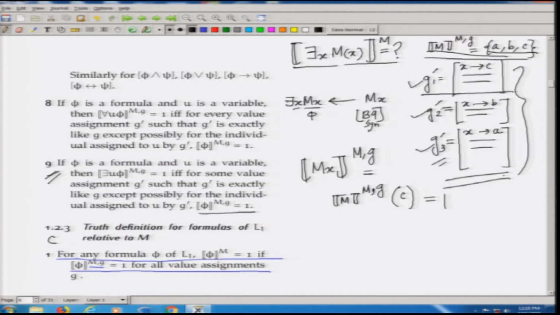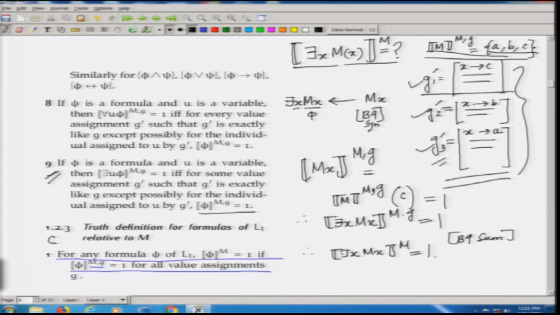So then the next step, you write, therefore, sum x mx with respect to m g is 1, and the next step will be, therefore, so this is rule 9, just write B9 of semantics, and then you say that therefore sum x mx with respect to m, so g is gone, is 1.